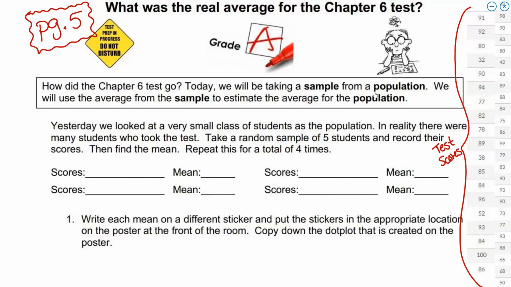How many scores did you write down? 5 scores, because we divided by 5. And so you had a random sample of 5 students and the mean score calculated for that sample. Each one of these individual dots is representing a random sample of 5 students and then the average of their test scores calculated for those 5 students.